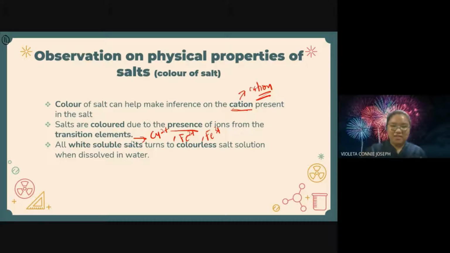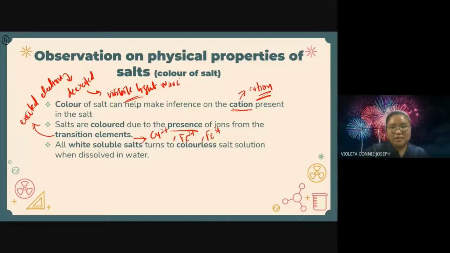But for now, I can tell you that if a transition element gets excited, the electron will get de-excited back and release a quite visible light wavelength. This is the reason why we can see colors in transition element salts. Okay, boleh dapat di situ.